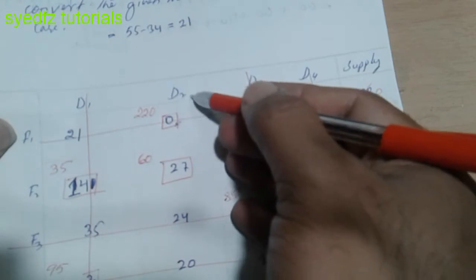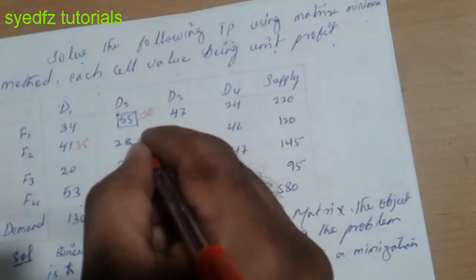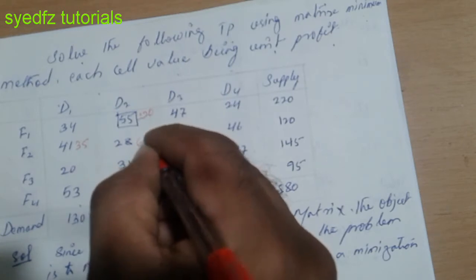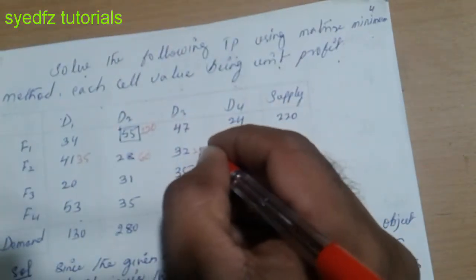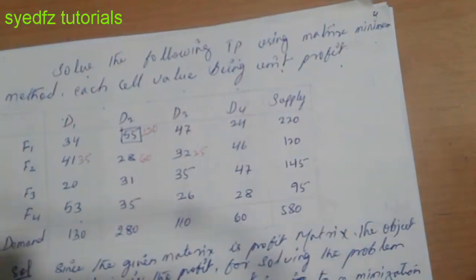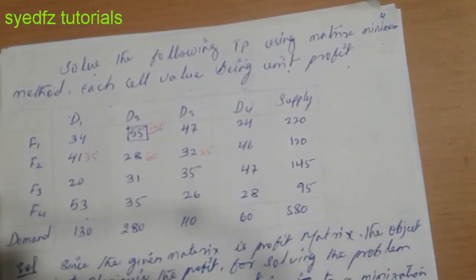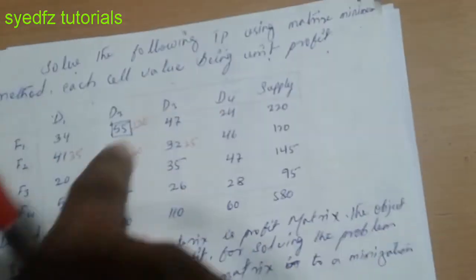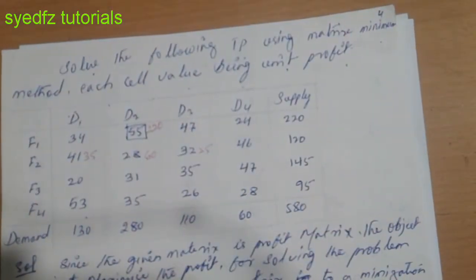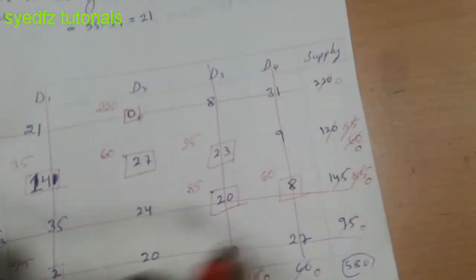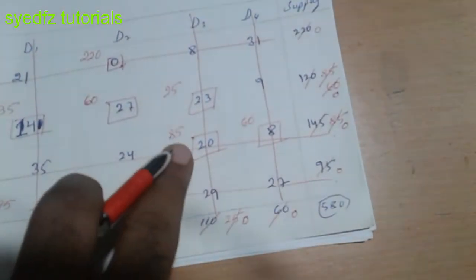Here D2 F2 is 60. D3 and F2 is 25. I'm writing here in the main question matrix, to calculate easily and in less time.